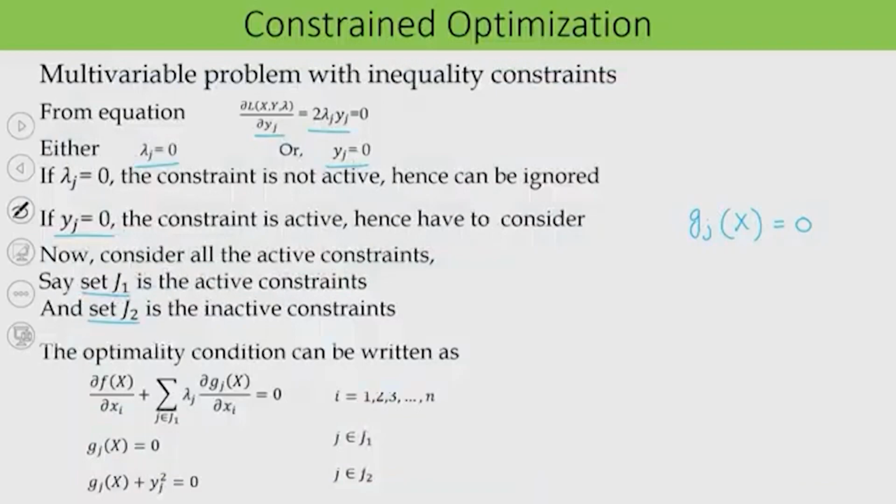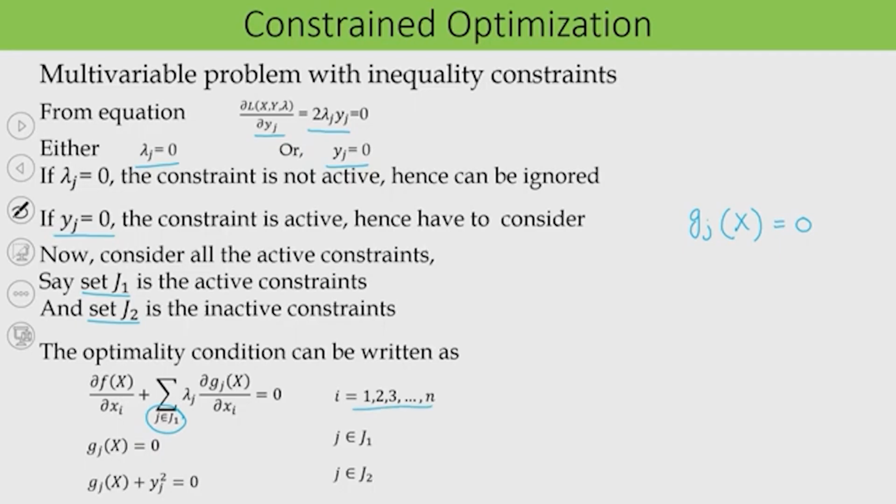If I know that, then I can write the necessary conditions like this: del f by del x i plus the summation, where I am only considering the set J1, which are active, with i equal to 1 to n.